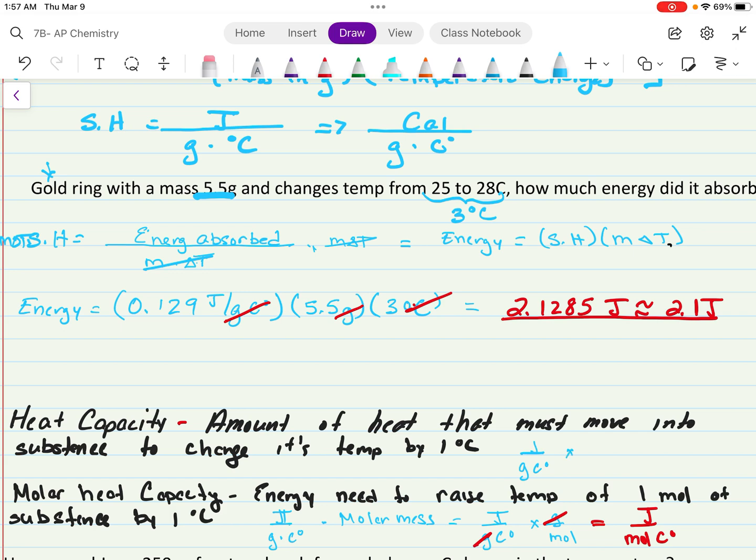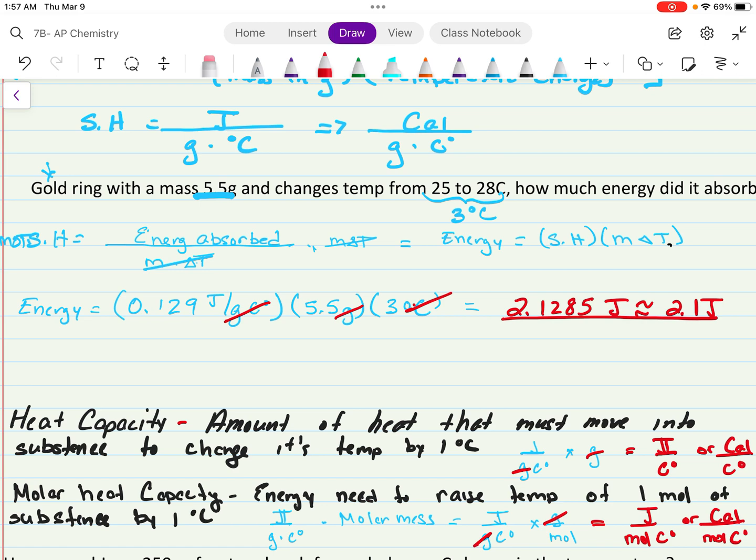When you multiply that by just the mass, in grams, then the grams cancel, and the heat capacity is left as 1 joule over degrees Celsius. Now, just like before, remember that this can be in joules or it can be in calories. Same thing here. This can also be in calories per mole degrees C. Okay?